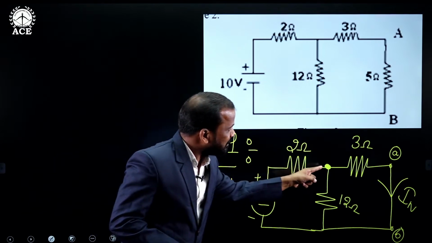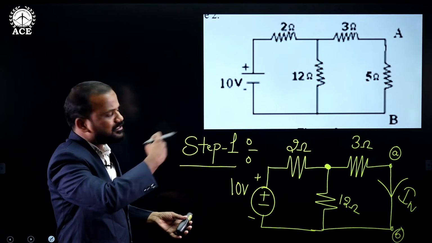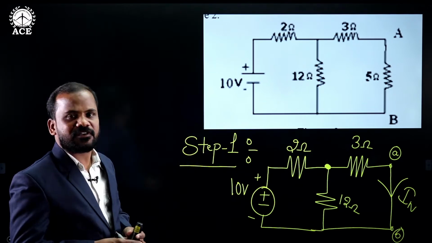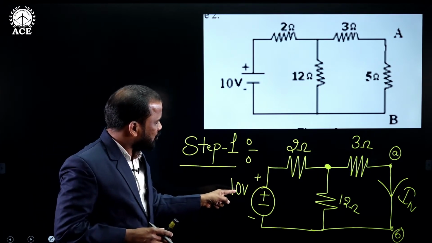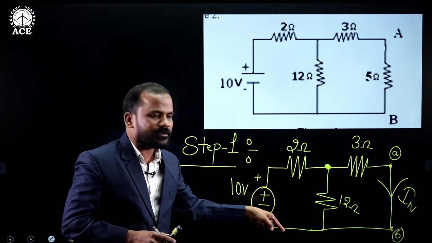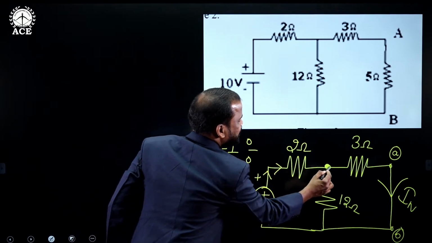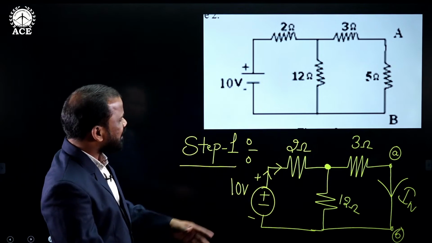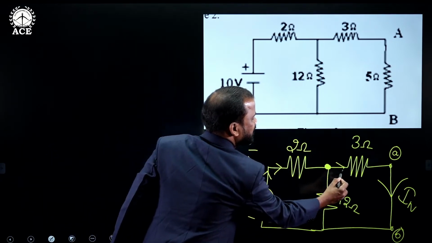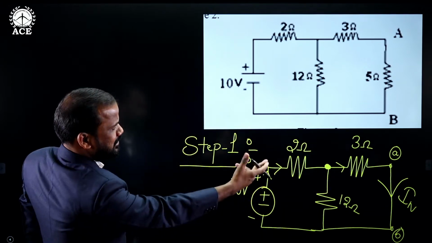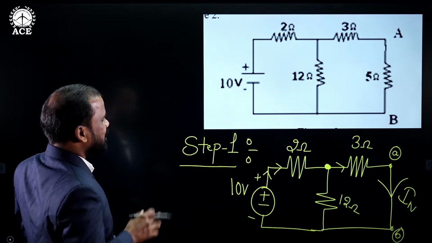For that, finding the equivalent resistance of the given network is required. If you know the equivalent resistance, then I equals 10 volts divided by that equivalent resistance, representing the total current, and that current starts from this point and reaches the junction point here. After knowing the total current at the junction point, you can directly apply the current division rule in this branch to get Norton's current. Got it?